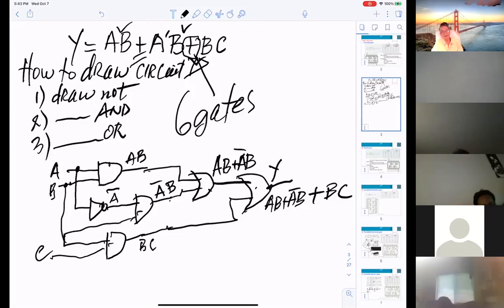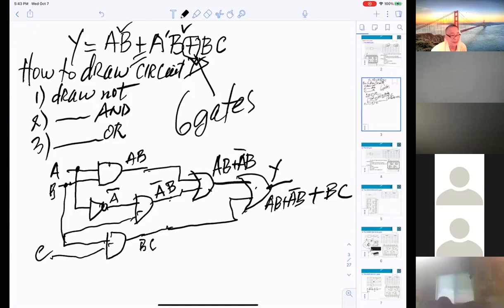So normally the way they design, they get the equation. They do not build right away. That means they do not try to draw the circuitry to build it right away.